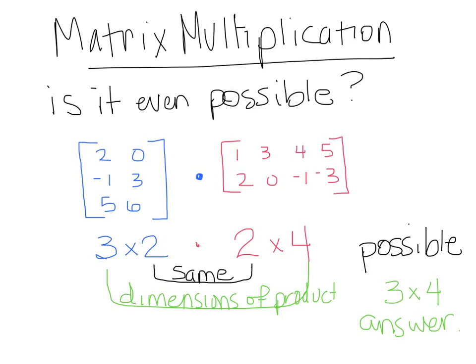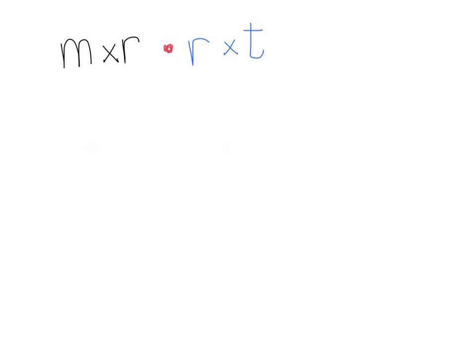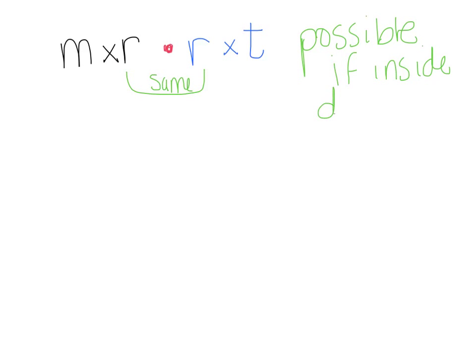Alright, so let's write this down one more time. So in general, if I have the first matrix with dimensions m rows by r columns, and the second matrix r rows by t columns, these are the same, so it's possible. Okay, so if the inside dimensions are the same, then I know the answer to the solution.